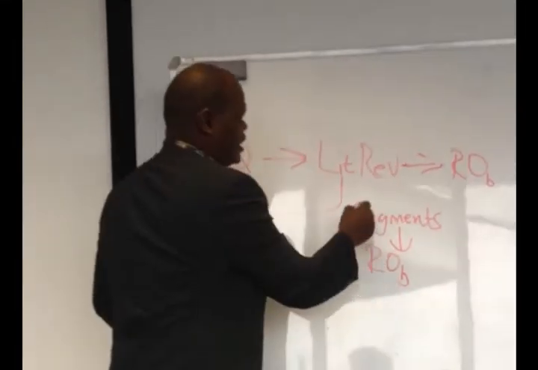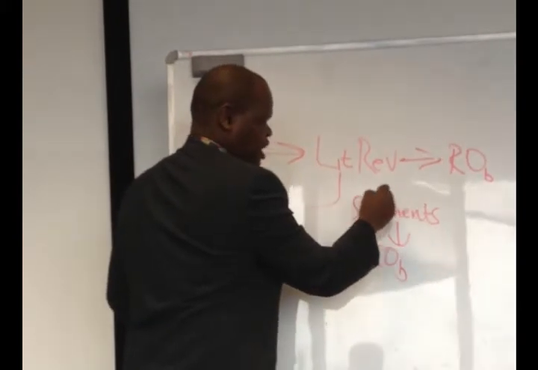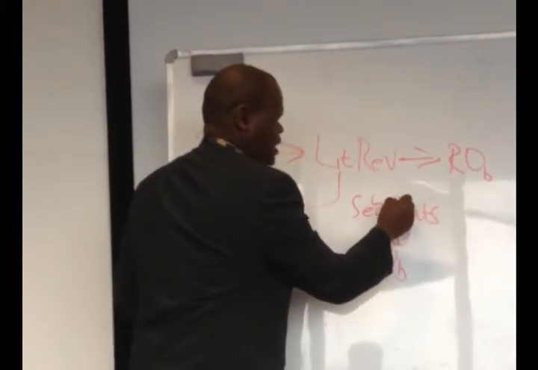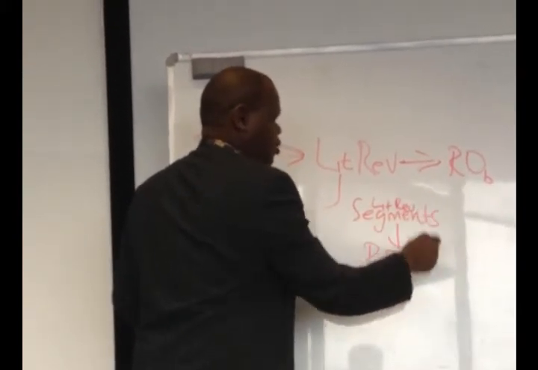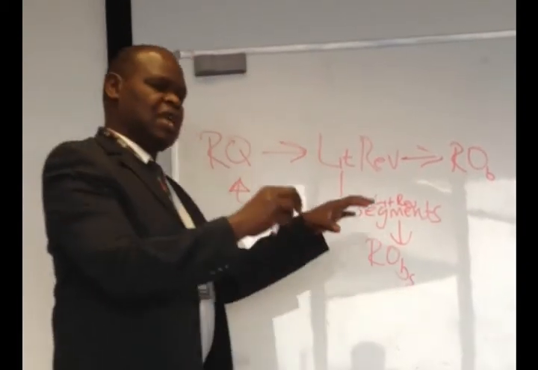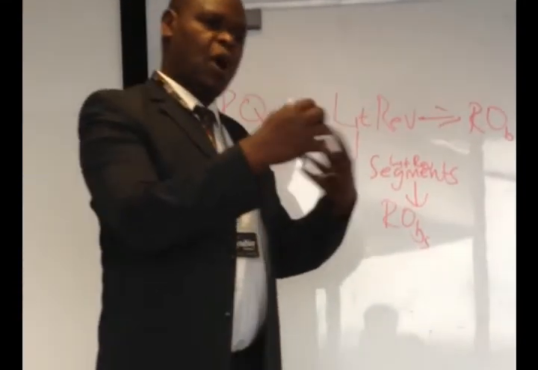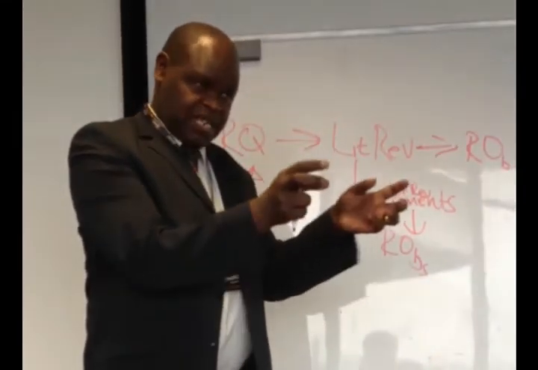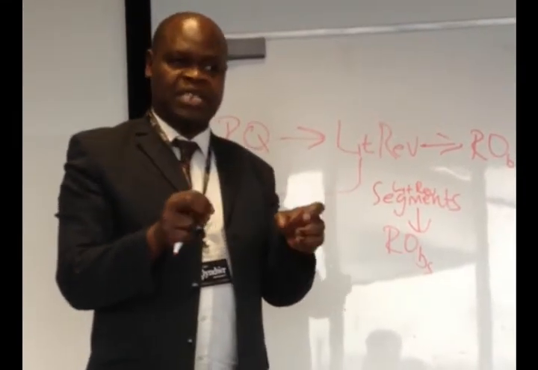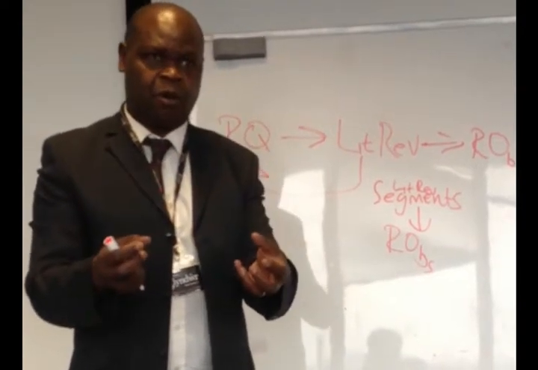So, that segment of the literature review should naturally lead to a research objective. So if you have one objective, you will say, okay, this objective addresses or deals with these particular concepts.